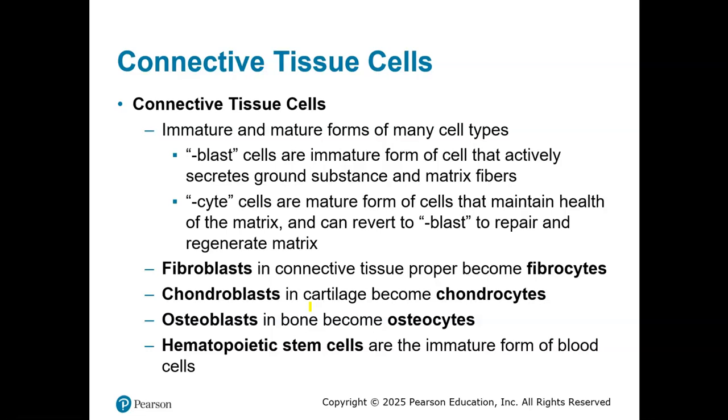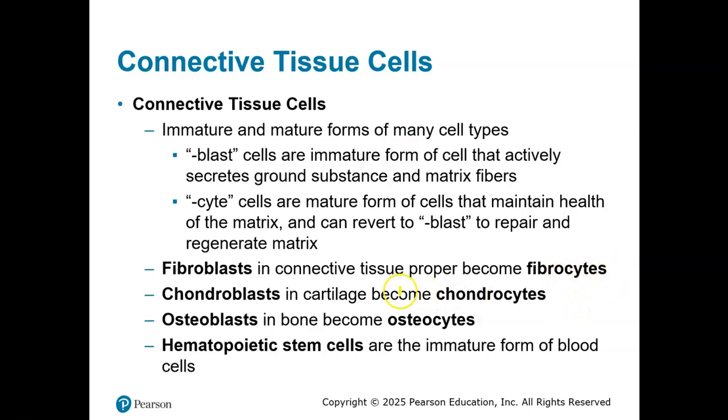Then we have the different cells you can find in connective tissue. If the cell has the word blast in the name, it means that it produces something, it makes something. It produces the part of the matrix of that tissue. If it has the word cyte, that means cell.